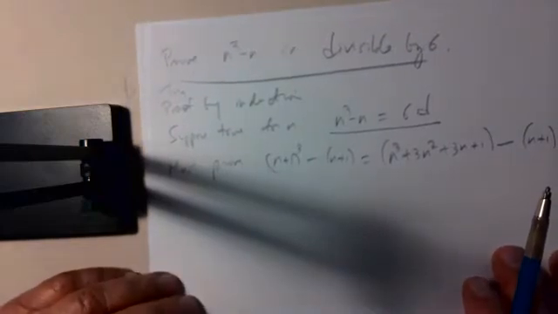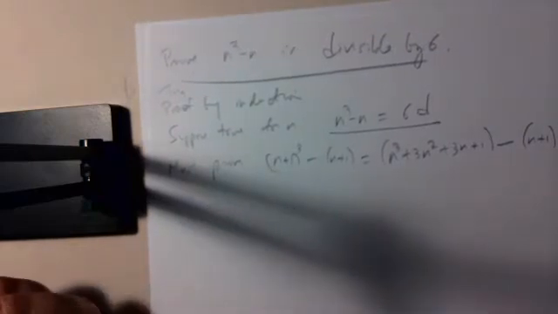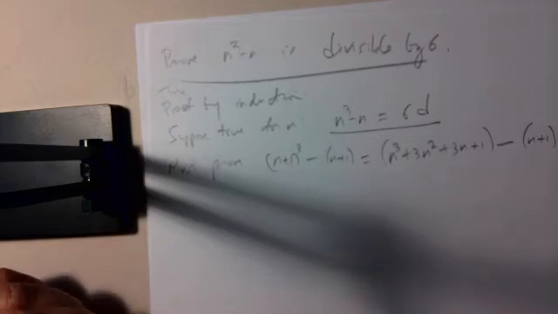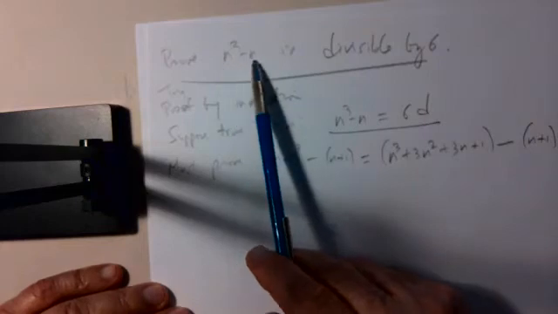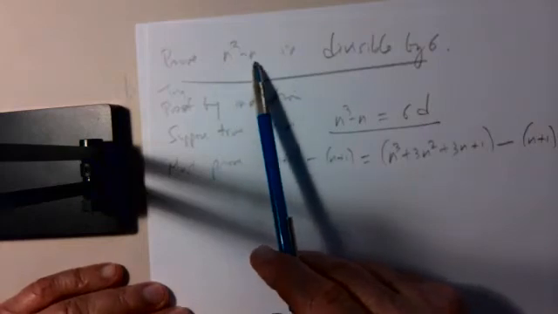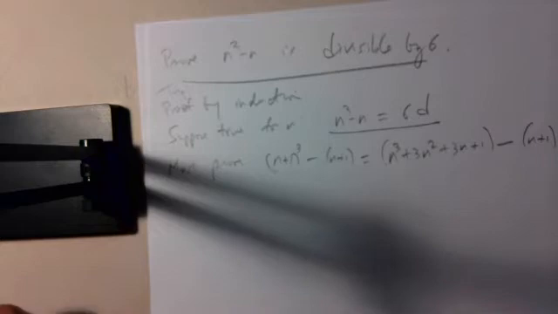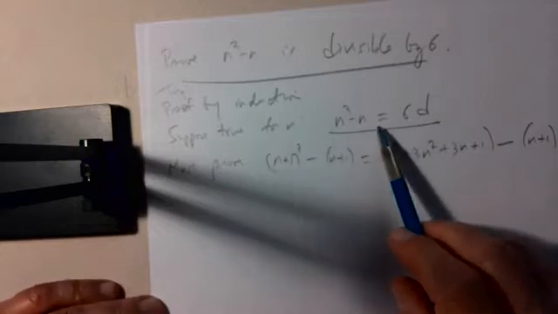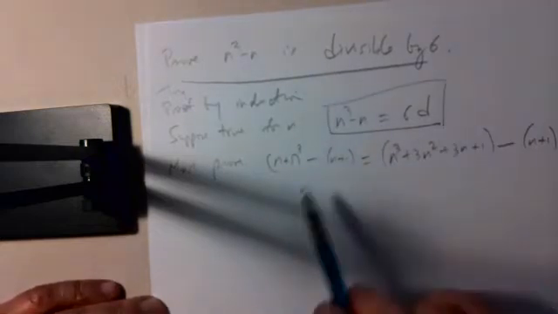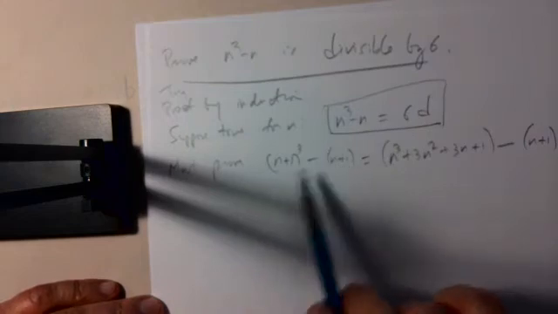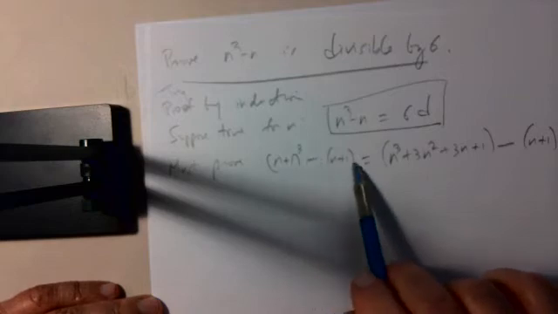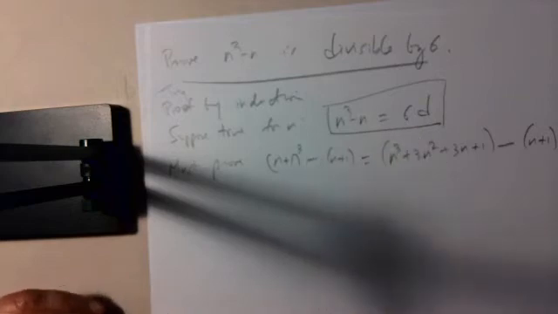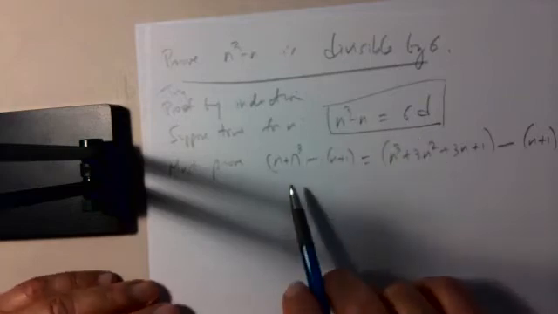Any questions about what I'm doing? So to prove something by induction, first you prove it's true, let's say for n equal 1. And we know when n equals 1, this number is 0, which is divisible by 6. And then we say, assume it's true for some number n. We want to prove it for n plus 1. That is, we want to prove that n plus 1 cubed minus n plus 1 is divisible by 6.